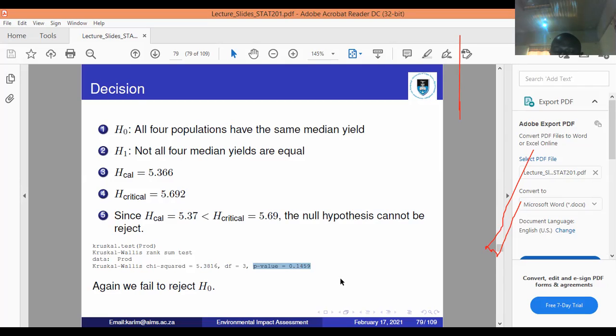Because greater than 0.05. When the p-value is greater than 0.05, what do you do? We fail to reject. So why are you saying we should reject? If you fail to reject, what does that mean? You fail to reject what? H0. So why are you saying we should reject it rather?